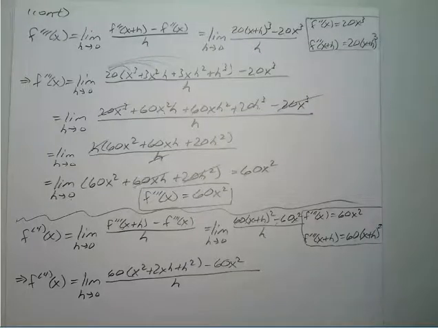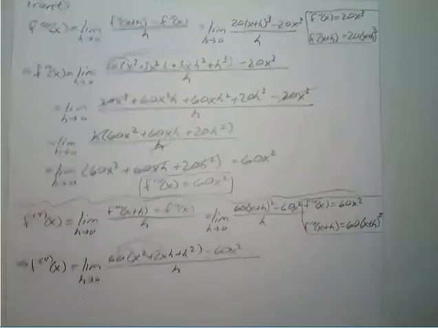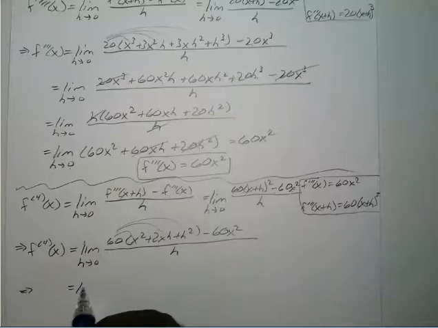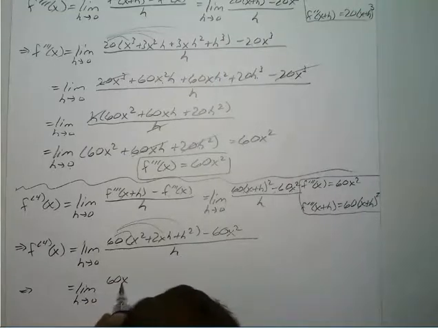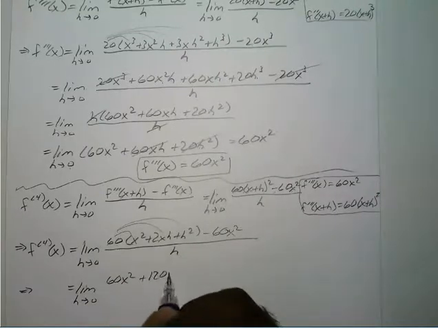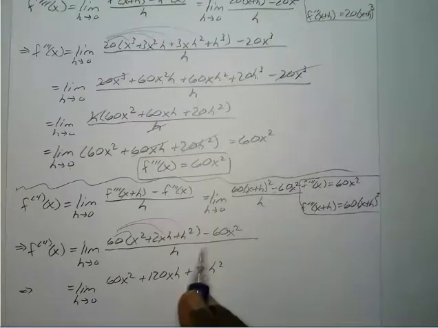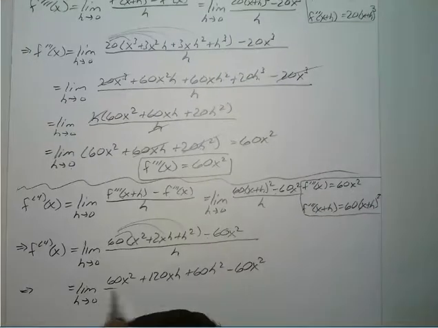Okay, so just like before, we're going to go ahead and distribute our 60. That's the limit as h approaches 0. We have 60x squared plus 120xh plus 60h squared minus your 60x squared all over h.